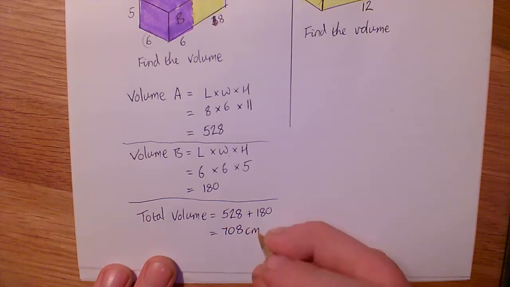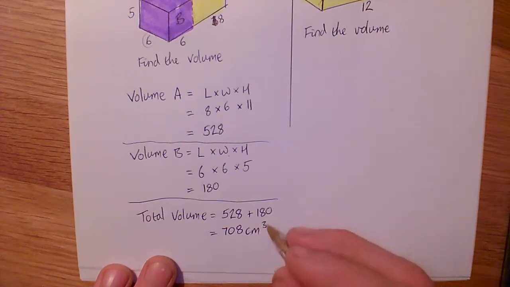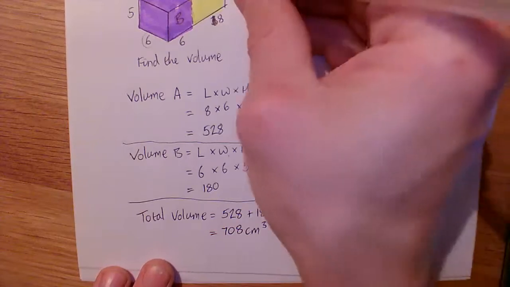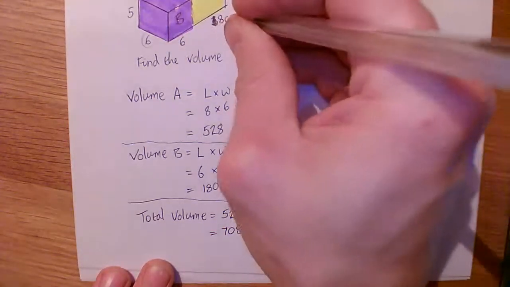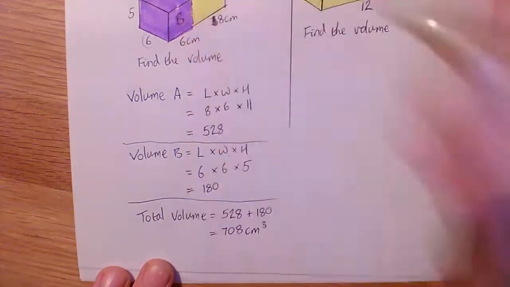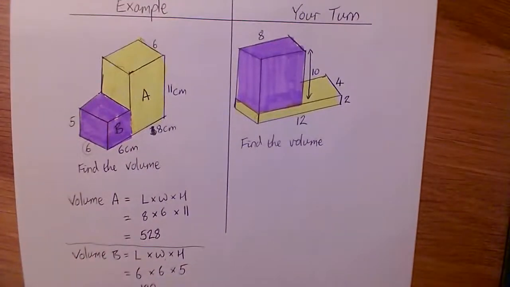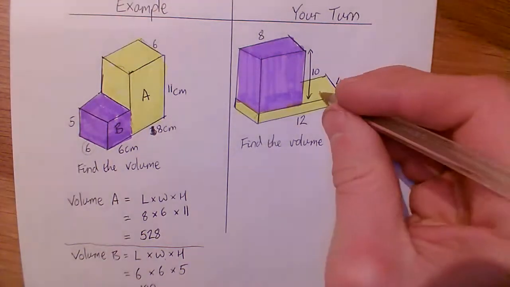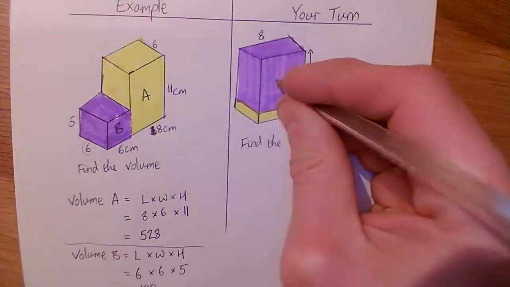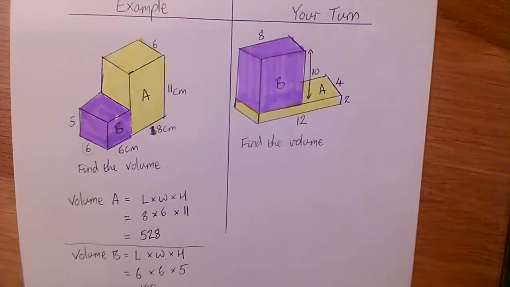And because we're working with a volume, it's going to be centimeters cubed if each of our original measurements is in centimeters. Okay, so here's one to have a go at. Pause the video, have a go, and I'll run through the answer in just a second. You may want to label your yellow shape A and your purple shape B, and then at least we'll be talking in the same terms.